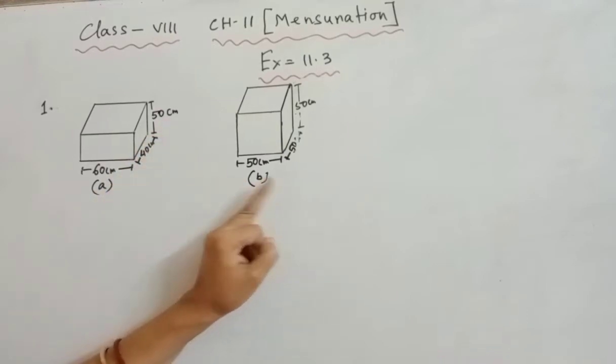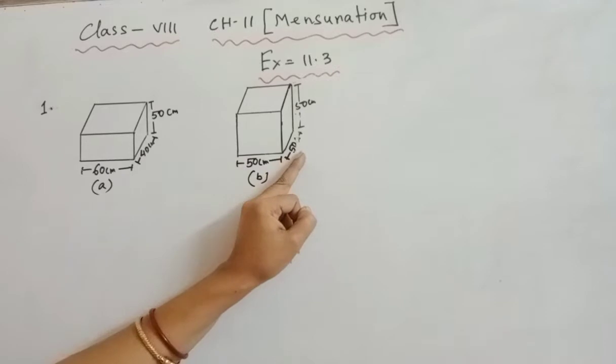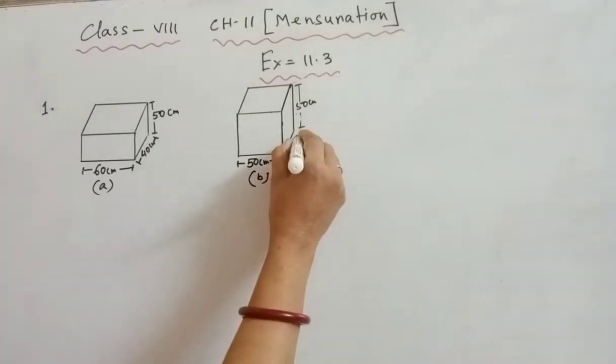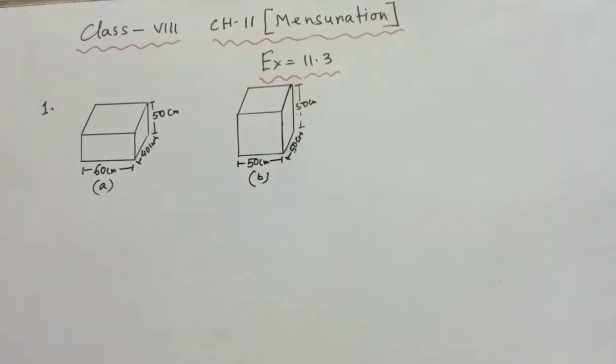For the second box, it is given length 50, breadth 50 centimeter, and height also 50 centimeter. So you need to find the total surface area of these two boxes, and then which box requires lesser amount of material. That means to find the total surface area, which one is lesser.